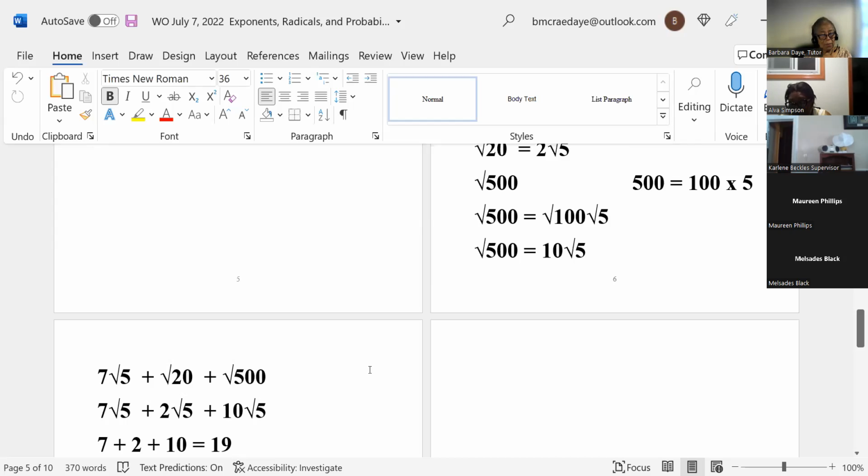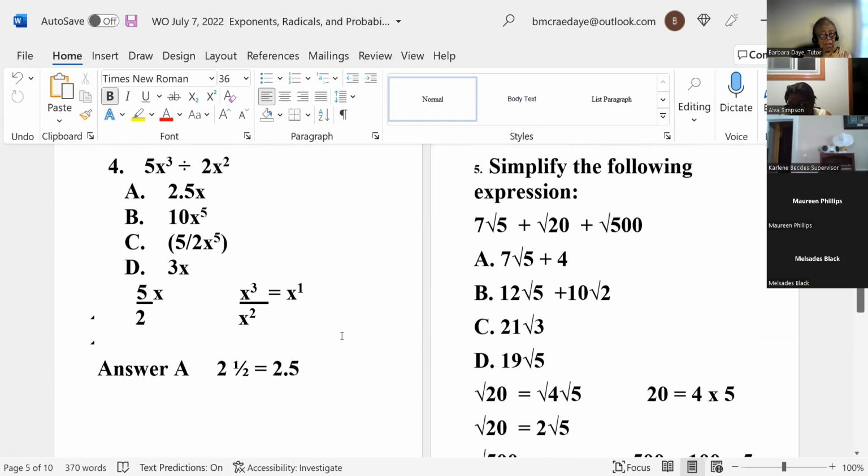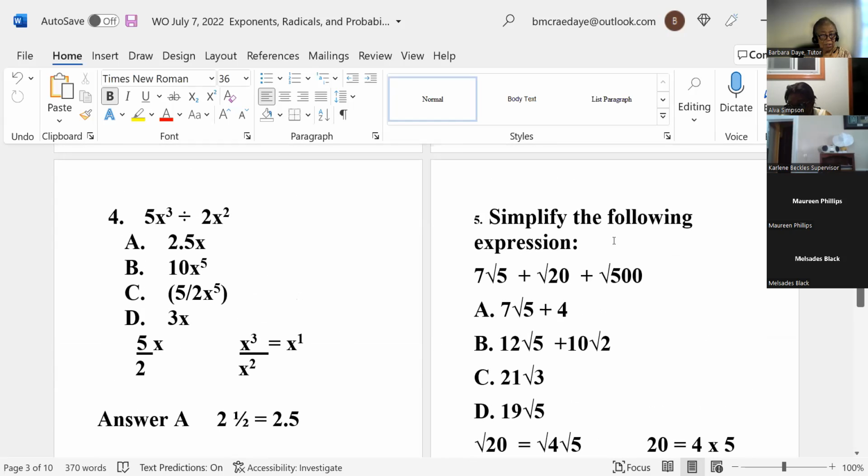Oh, because all of them are in front of the square root of 5. Yeah, they're coefficients. A coefficient comes in front of the variable. But here the variable is a radical, the square root of 5. See, the original problem is an addition.